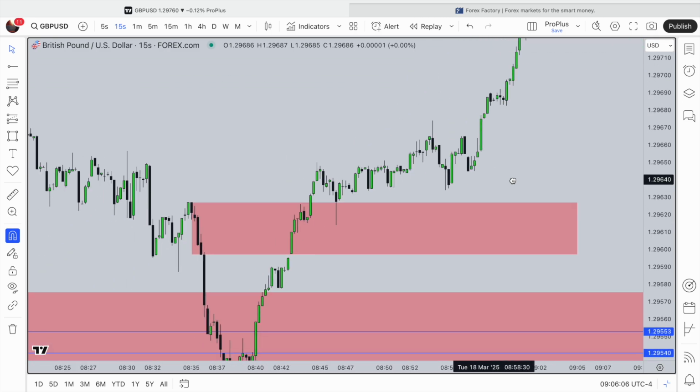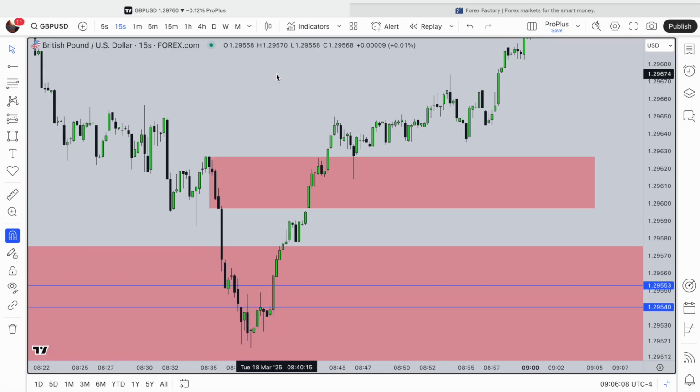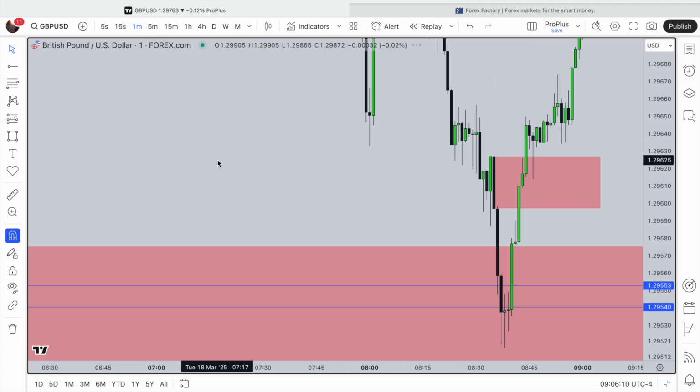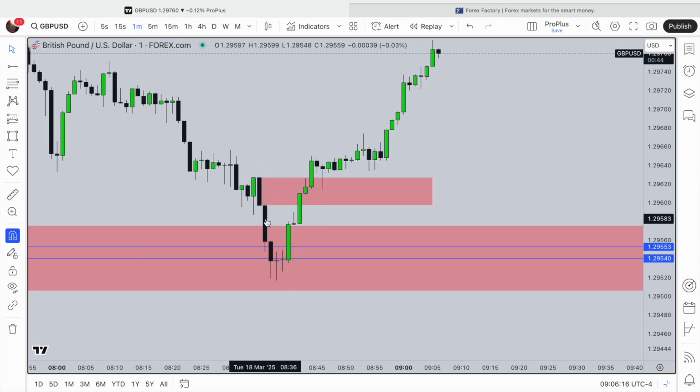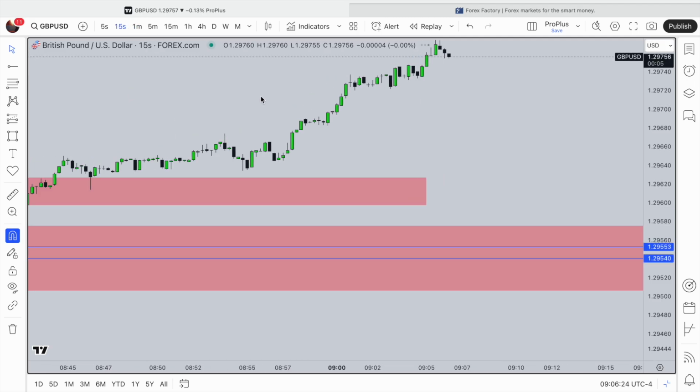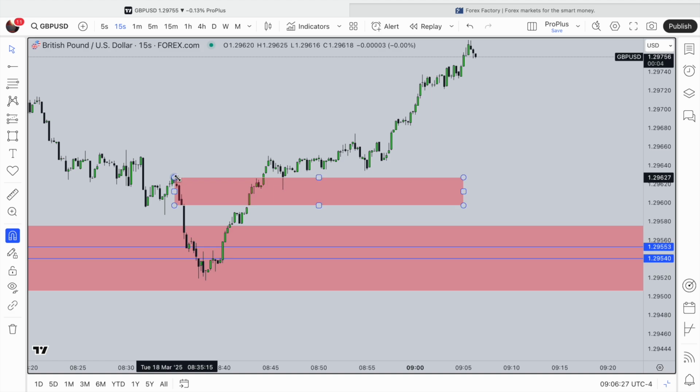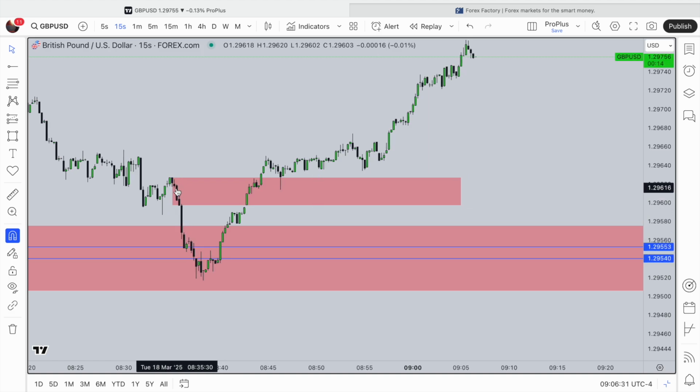However, obviously what I usually do is I wait to see the breaker, to see the order block. So that's the 8:35 candle to the 8:37. So 8:35, this is literally the order block getting made, being created.